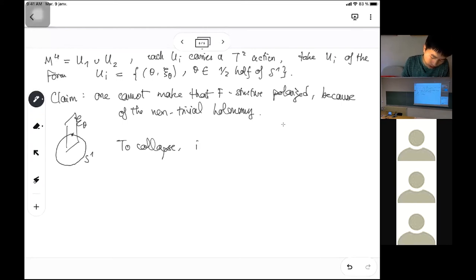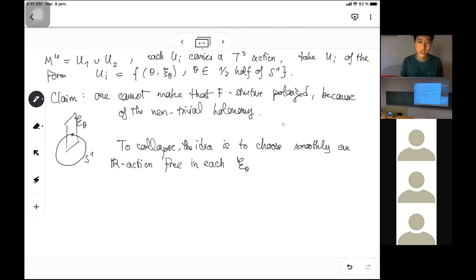The idea is to choose smoothly, so continuously in particular, an R action which is free in each E theta.